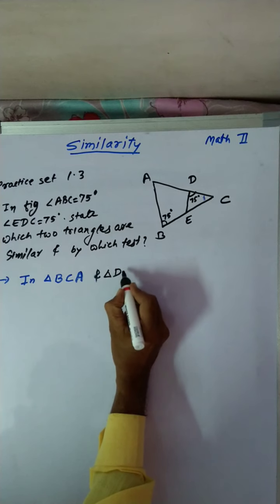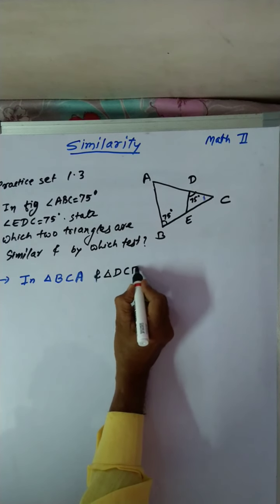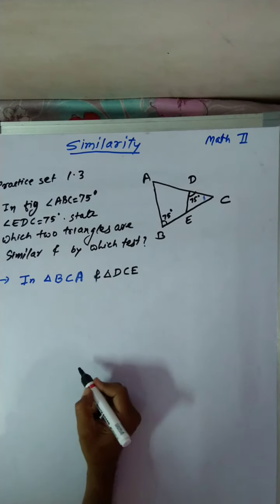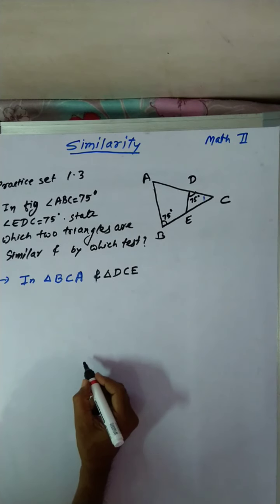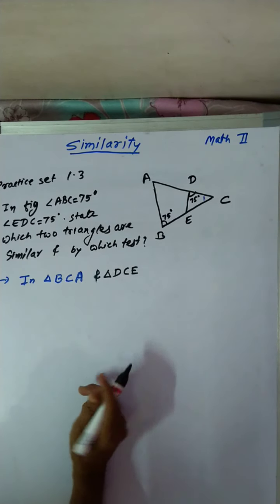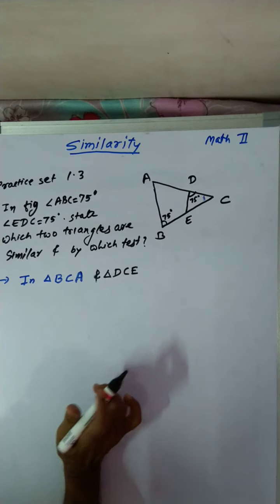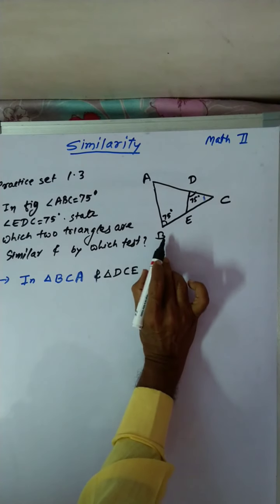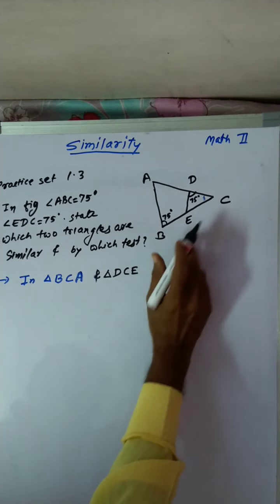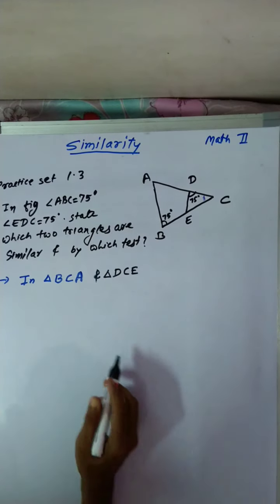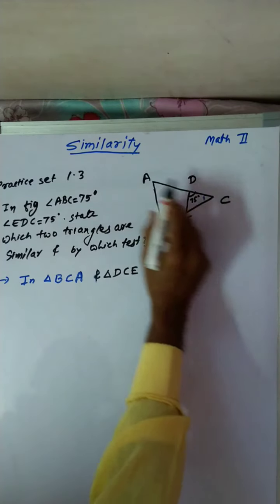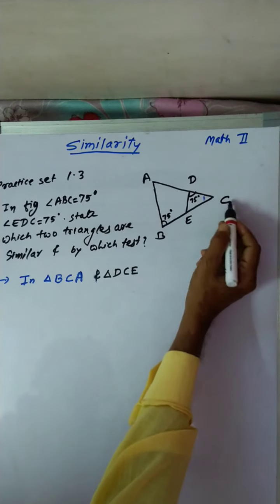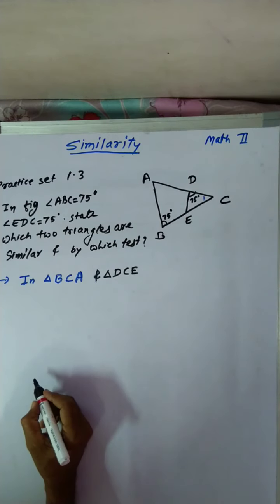That means triangle DCE. This is the one-to-one correspondence between the two triangles. Once again, I tell you that the congruent angle given is written first, then the common angle, and then the remaining one. Therefore BCA and DCE, these two triangles are given.